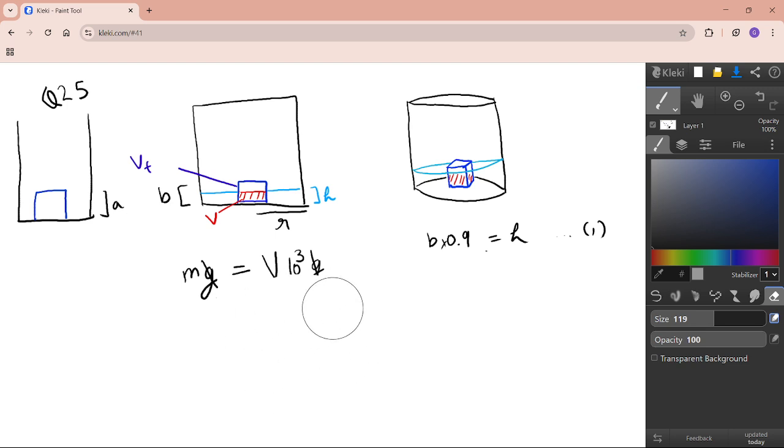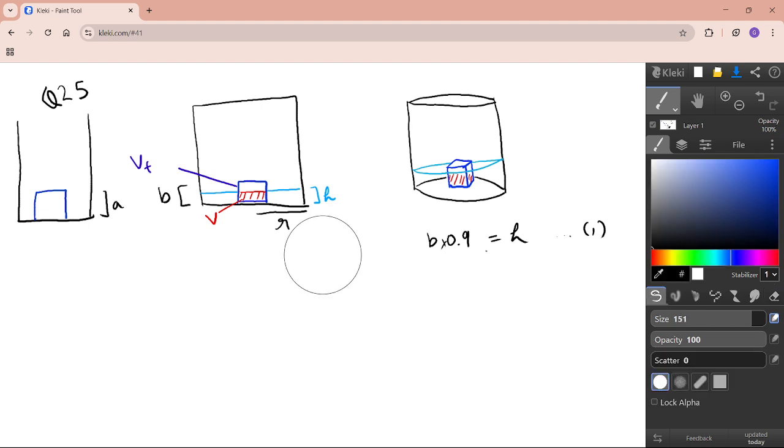We cannot find h here by volume conservation. People do, but it's wrong. I'll tell you why later. Now, the simple phenomenon of mass conservation says that the mass, of course, unless it's converted to energy, is conserved.